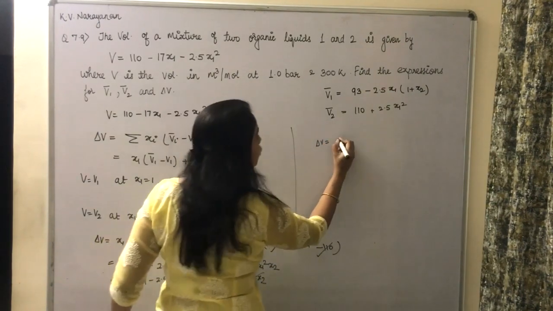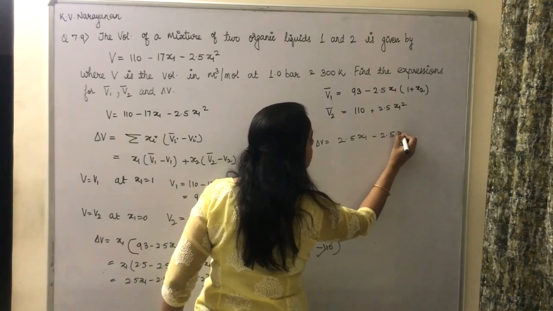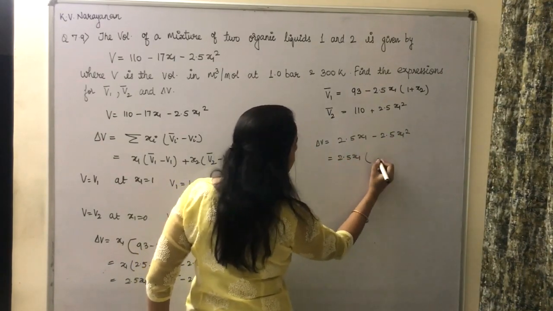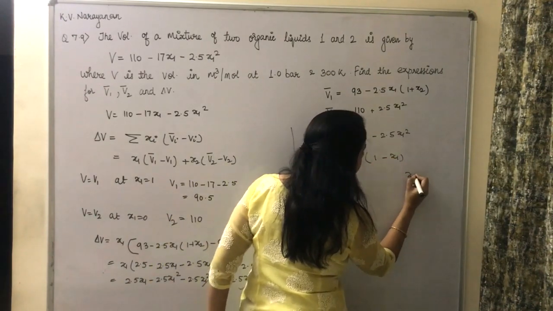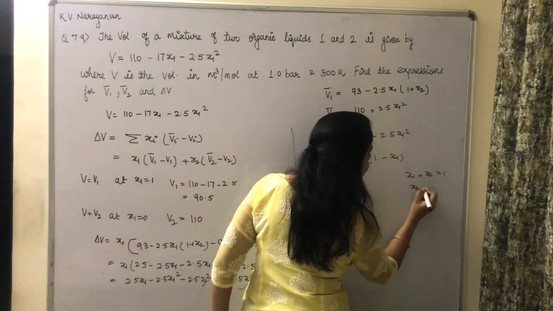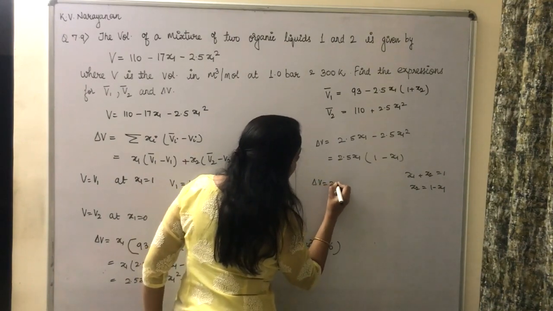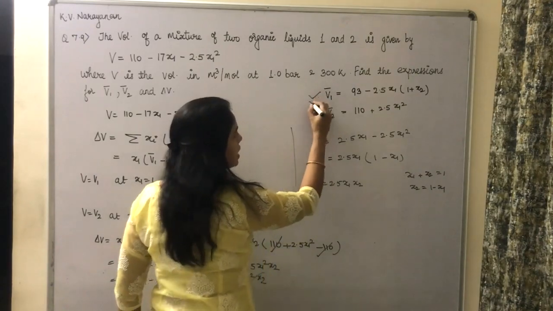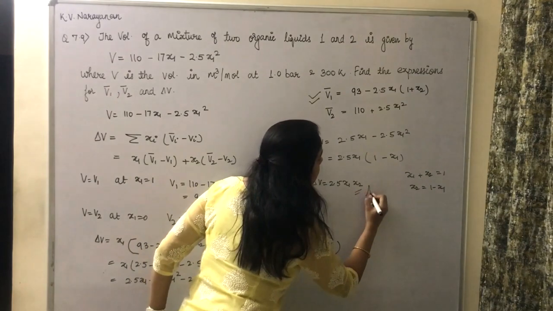Then we have 2.5 x1 - 2.5 x1², so 2.5 x1 is common: 2.5 x1 (1 - x1). And for any binary solution, x2 = 1 - x1, so delta V = 2.5 x1 x2. So this is the first answer V1 bar, this one is the second answer, and this is the third answer.